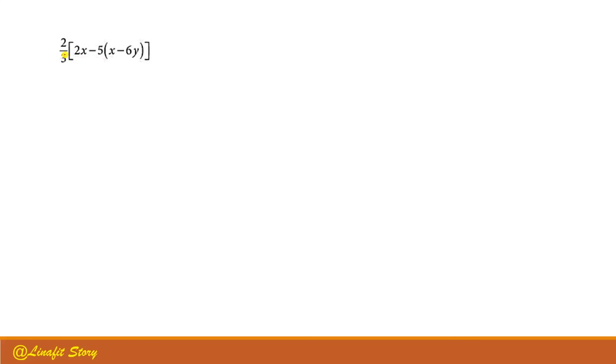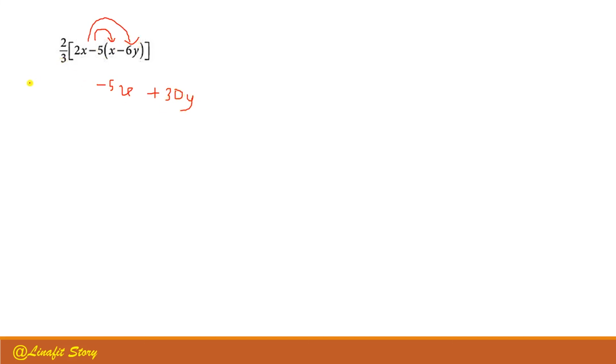2 out of 3 times open bracket 2x minus 5 open bracket x minus 6y close bracket. So we will work out from the innermost bracket. So negative 5 times x is negative 5x. Negative 5 times negative 6y is equal to positive 30y.